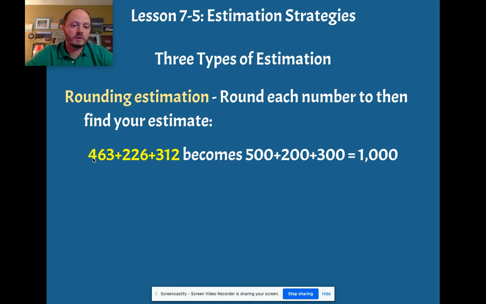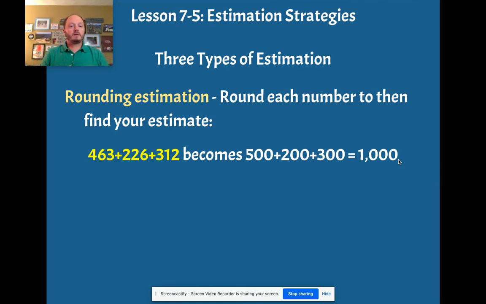And 463, well, that becomes 500. 226, that becomes 200. And 312, well, that becomes 300. And all of that together, 500 plus 200 plus 300 equals 1,000. Not a bad way to round.